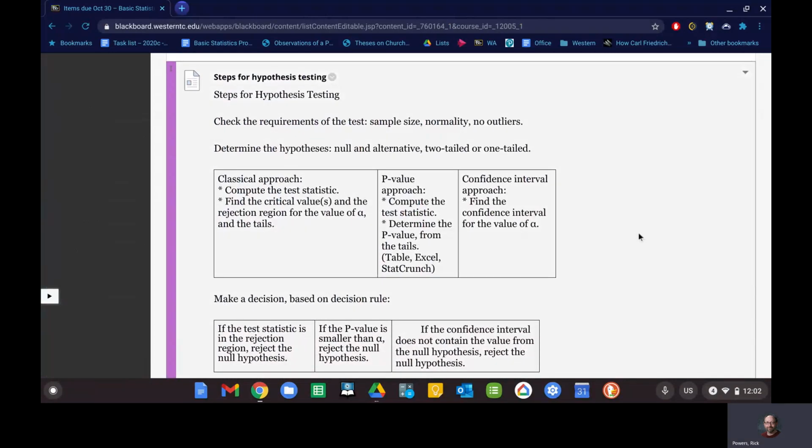There are 3 different approaches to hypothesis testing: the classical approach, the p-value approach, and the confidence interval approach. And you're like, well, wait a minute, you said a confidence interval was different than hypothesis testing.